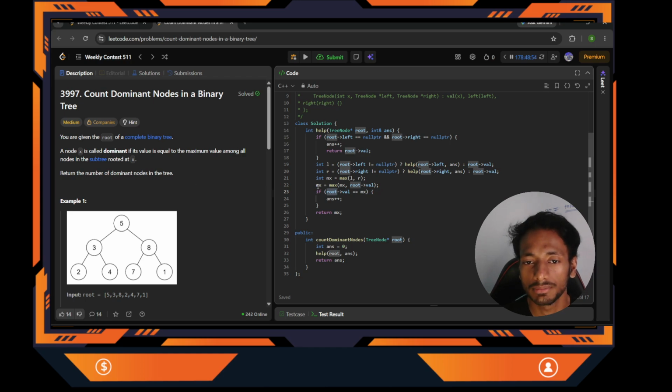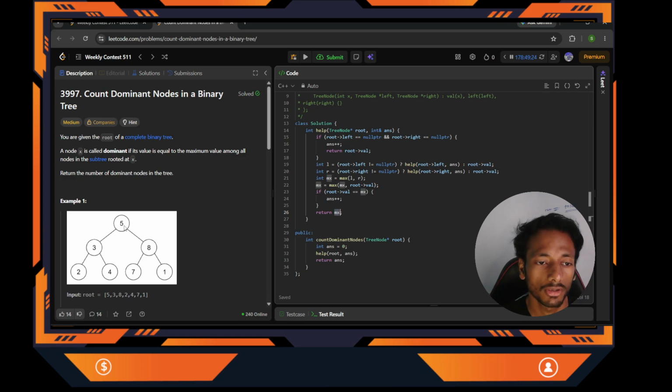So this max is the ultimate maximum value of this current subtree or current hierarchy. So I'll check whether the maximum value is equal to the current root node value. Then only this will be a dominant node, so we'll increase our answer. If it is not the same, then this current node is not a dominant node, so I'll not count it and just return the maximum value present in this current subtree.